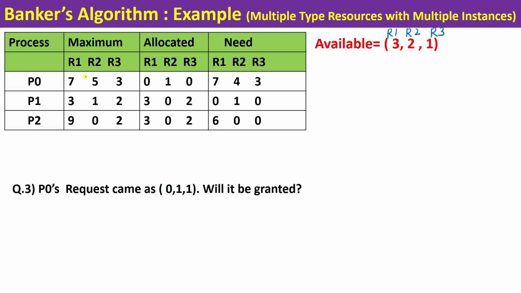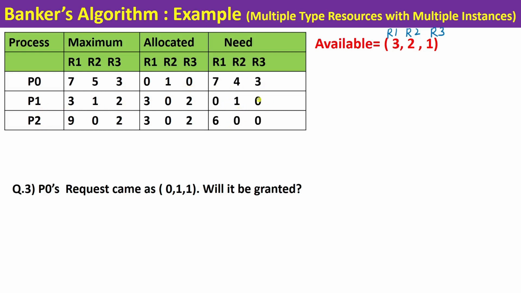Here the maximum resources P0 can ask for is 753, and the currently allocated are 010. So in the future, how many more resources can be asked by P0? Maximum minus allocated. This gives us 743: 7 minus 0 is 7, 5 minus 1 is 4, and 3 minus 0 is 3. We will do the same for P1 and P2 to find the need.